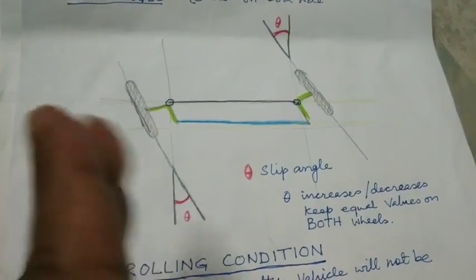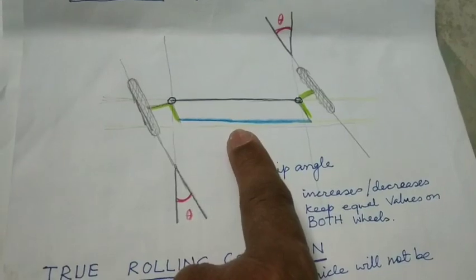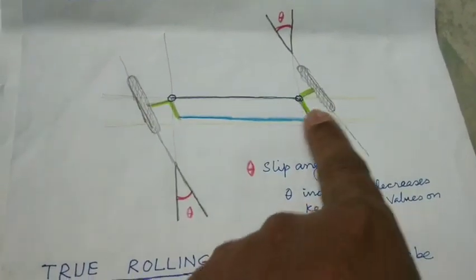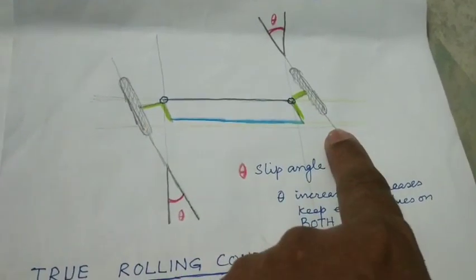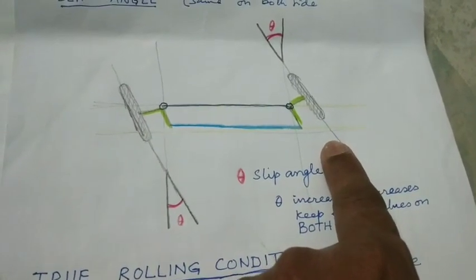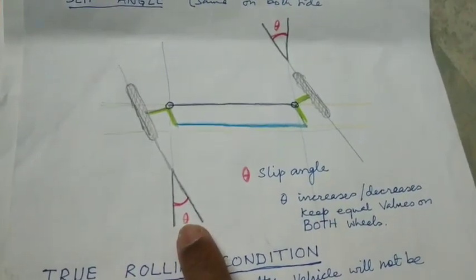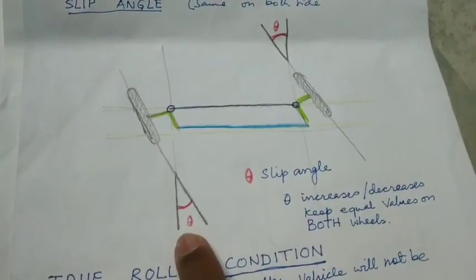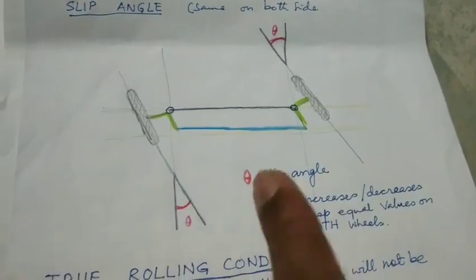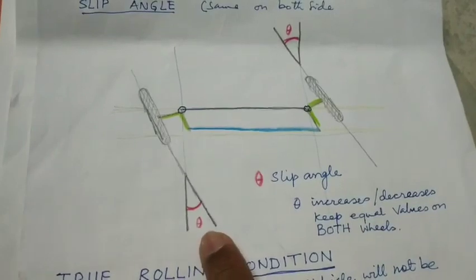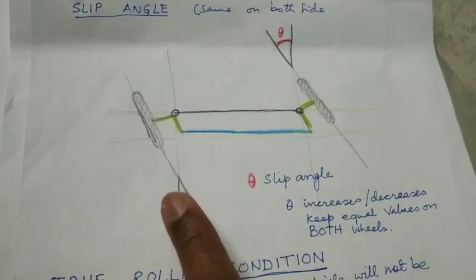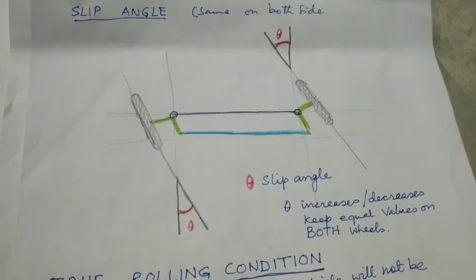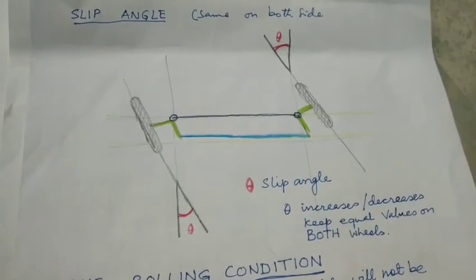And when it is turned in the 4-bar mechanism, the left wheel and the right wheel of the front wheels will have angles theta and theta. These two angles of the left wheel and the right wheel will be the same. This angle is drawn between the angle of the wheels and the line which is coming parallel from front to left points of the axles.